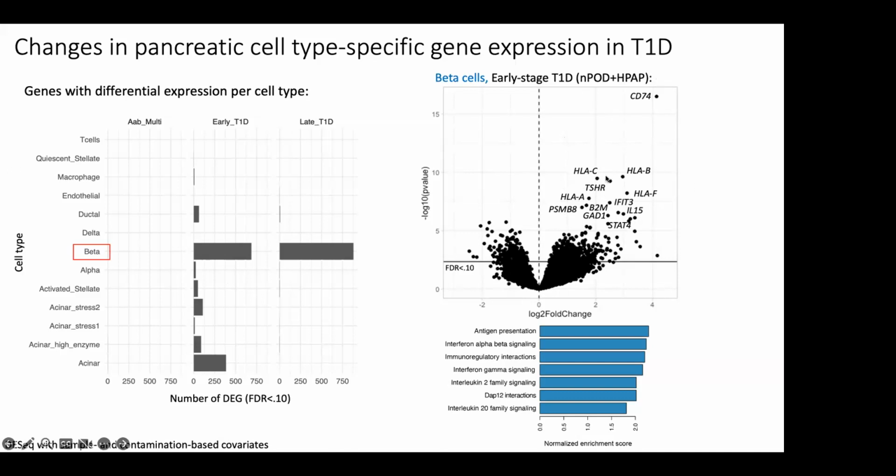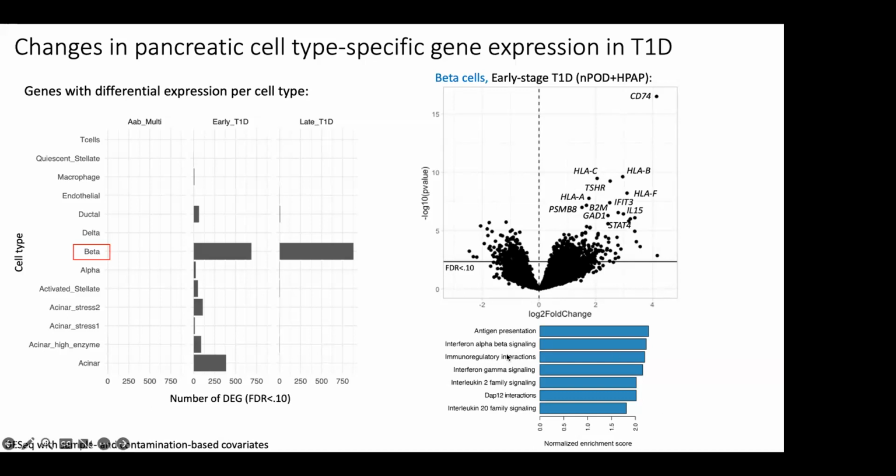And so what we see is strongest upregulation of class 1 MHC genes, which I think is expected, although it's pretty prominent to see these as the most overexpressed genes, as well as some components of MHC processing, in addition to genes that are cytokine responsive and stress responsive genes, such as STAT4 and so forth. So we see a very clear upregulation of genes involved in specific cytokine responsive and class 1 MHC processes in recent onset T1D.